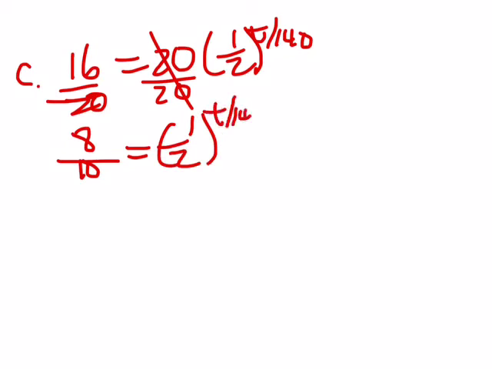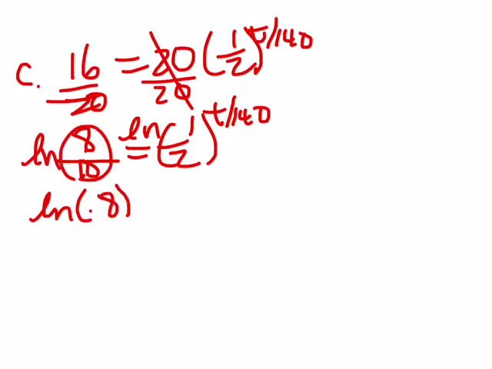1/2 to the t over 140. So then you got to do a log. I just choose to do natural log. Don't have to. Just so it's not a fraction, I wrote this as 0.8. Again, you could leave it at 16 over 20 or 8 over 10. Okay, and then over here, it brings the t over 140 down, and then I have natural log of 1/2.